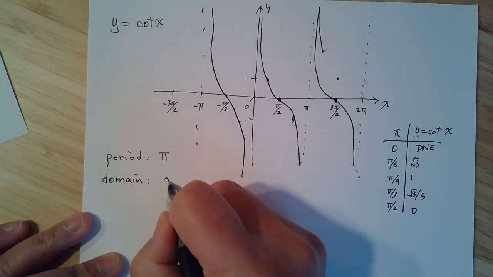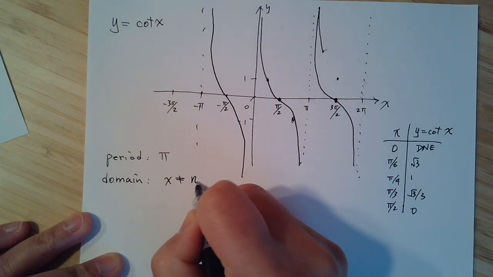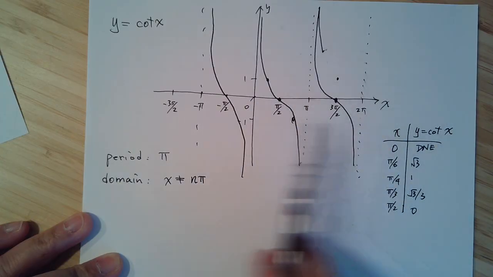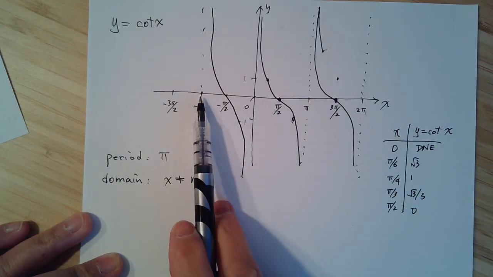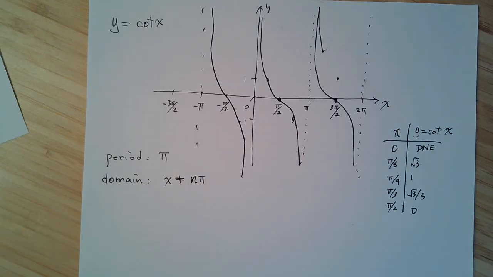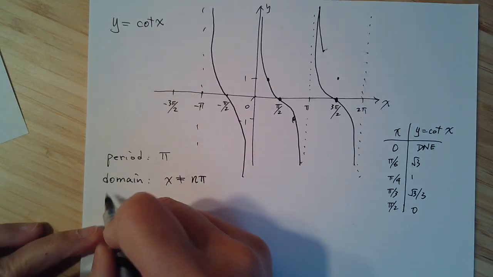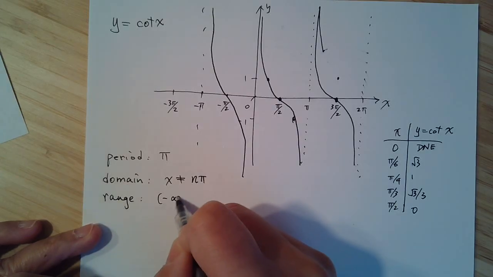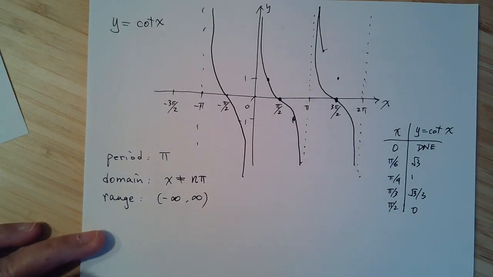So x can be all real numbers except n pi. As long as x is not a multiple of pi, that's your domain. And your range, again, is negative infinity to positive infinity, because y can be anything.